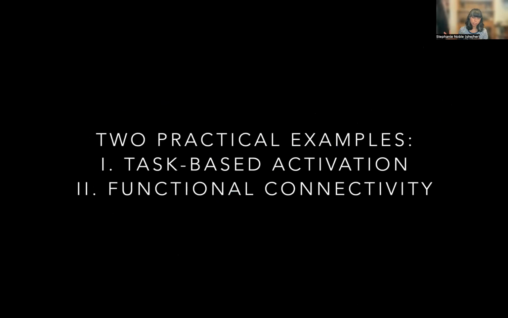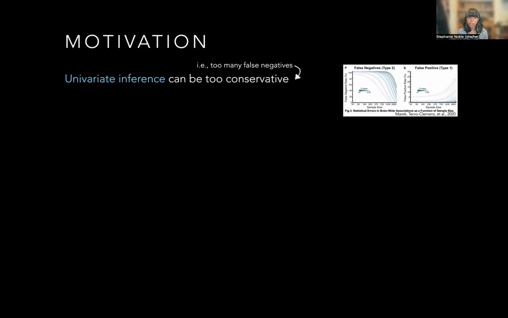So now that we've talked a little bit about how these algorithms work, we can show a couple of practical examples in the context of task-based activation and functional connectivity. For task-based activation, as we discussed previously, univariate procedures can be quite conservative, leading to many false negatives, missing true positives.